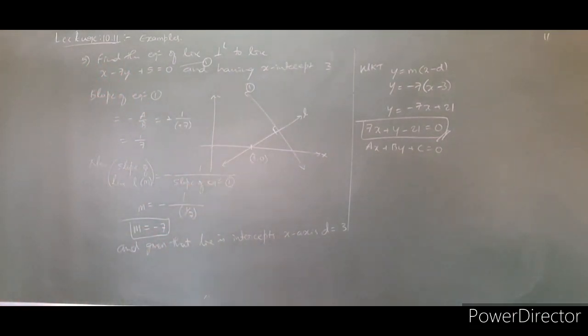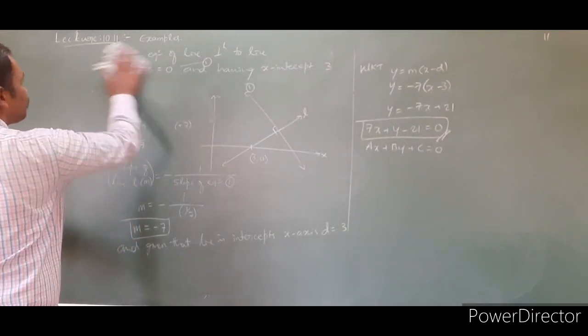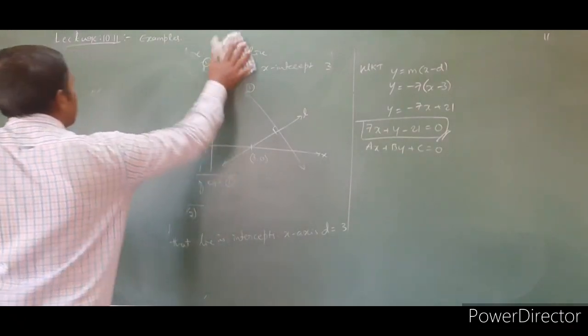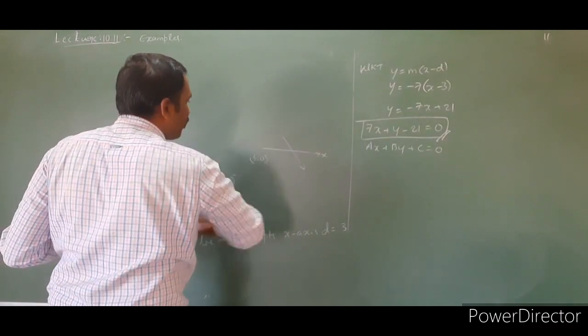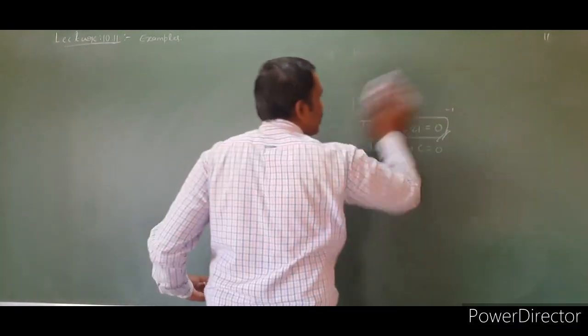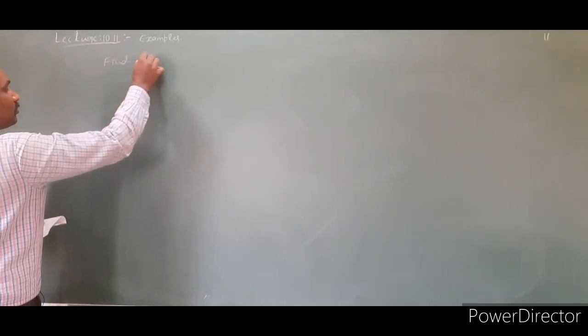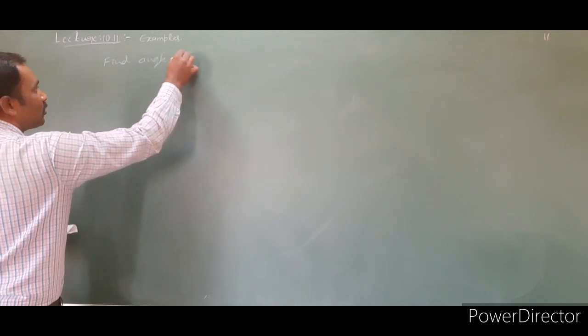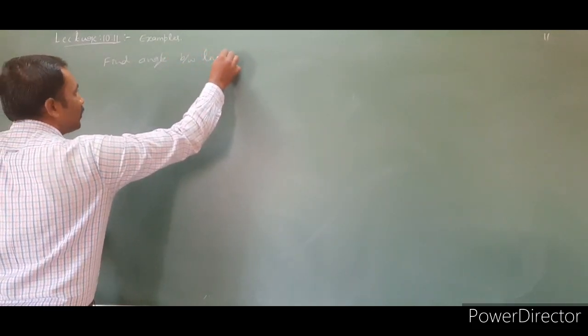Now in the same manner, can we go to the next one? Yes, take the next question. Find the angle between the lines. So far, in two problems you found the equation of the line, one perpendicular and another parallel. Now the angle between the lines.